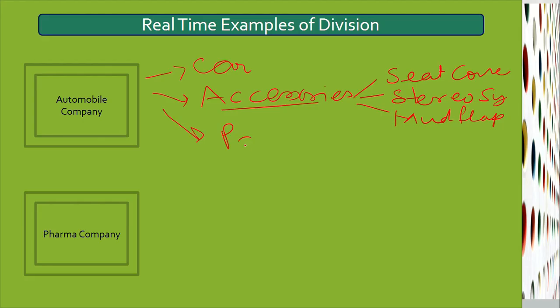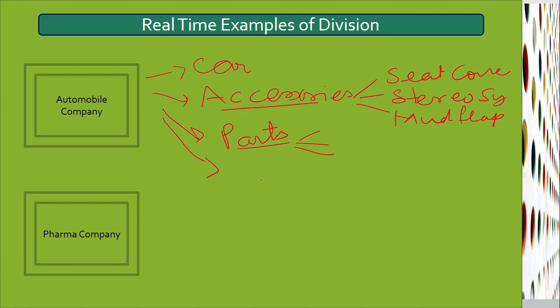Then another division can be parts. For example, after using the car, sometimes a part gets damaged or requires a change, and at that time you will purchase the parts. So that is another division.